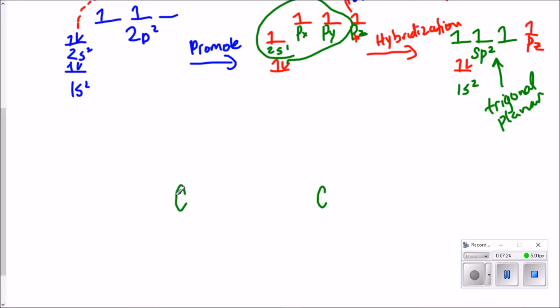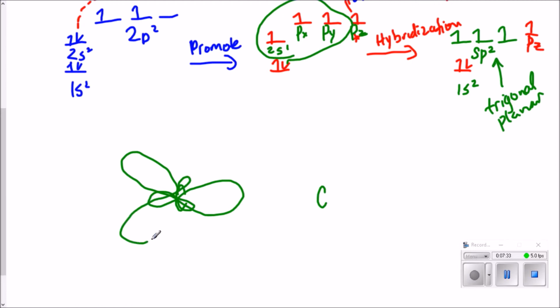So we'll start by drawing our bowling pin like hybridized orbitals, the sp2 hybridized orbitals, and they're going to have 120 degrees between them. So it looks a little bit messy, but that's leaving the carbon atom. Those are the orbitals. That's the shape. We're going to do the same thing off of the other carbon, so sp2 hybridized.